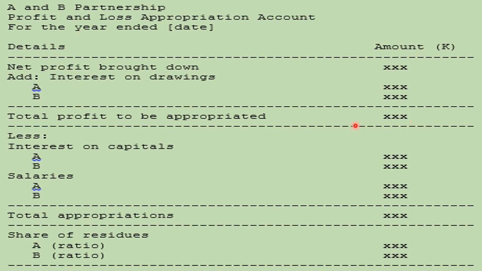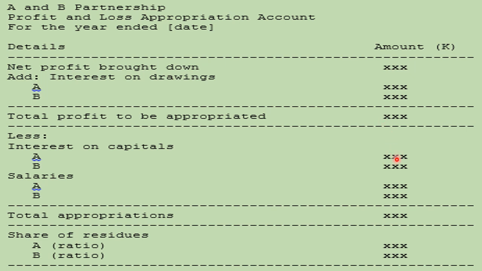Now from this total profit, you have to remove the interest on capitals. If the partner adds money, they are going to be given interest, so the business is giving away money, and because of that, this has to be removed from the profit. The money the business is giving as interest on capital must be removed from the total profit to be appropriated.